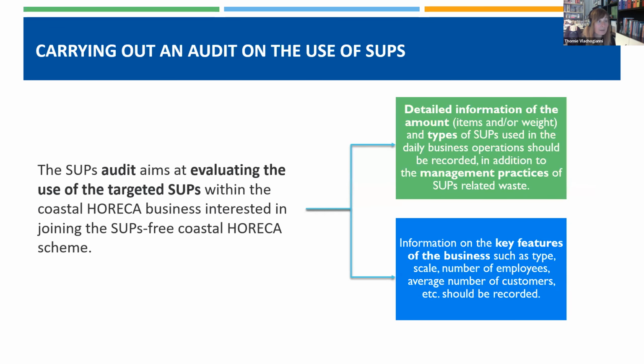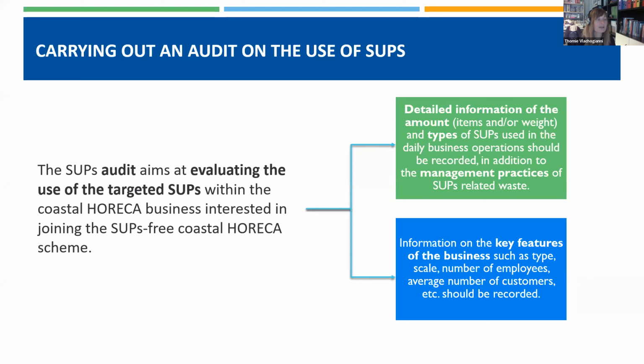The most integral part of this process was to carry out the audit on the use of SUPs. This is a straightforward task, but it requires some level of organization in order to dig deeper into the different practices of the business and understand how much single-use plastics are being used by the business in terms of items and in terms of weight, what kind of single-use plastics are being used in their daily operations, and then how these items are being treated.